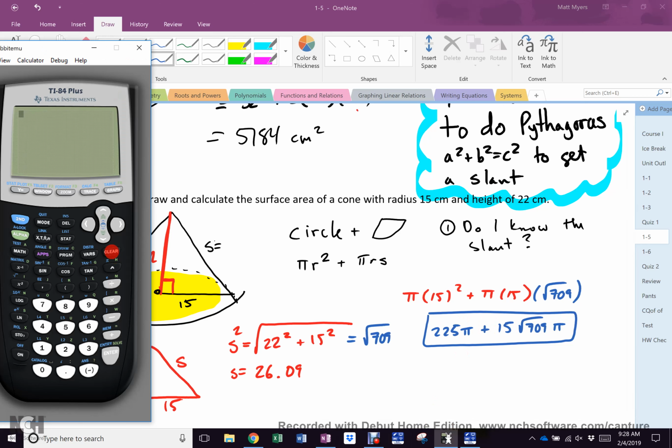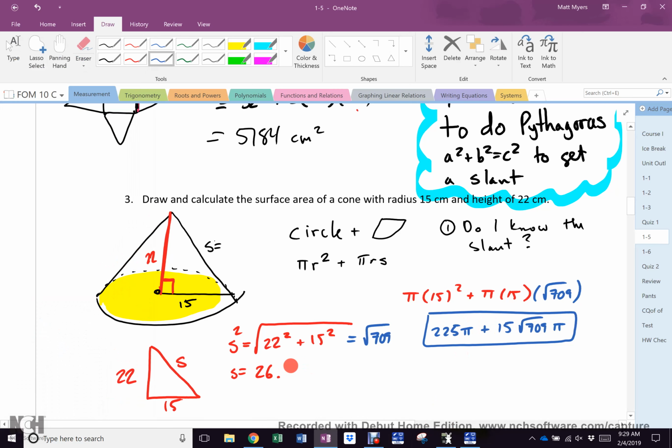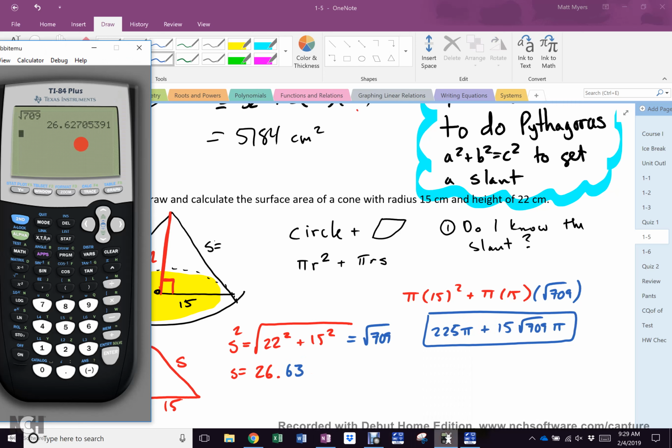Watch. Square root 709 equals. So there it was 26.63, yeah? So watch. If I do pi times 15 squared plus 15 times the square root of 709, right, times pi again.